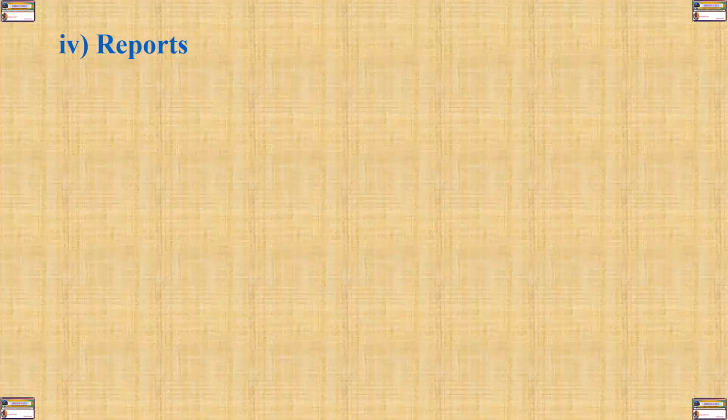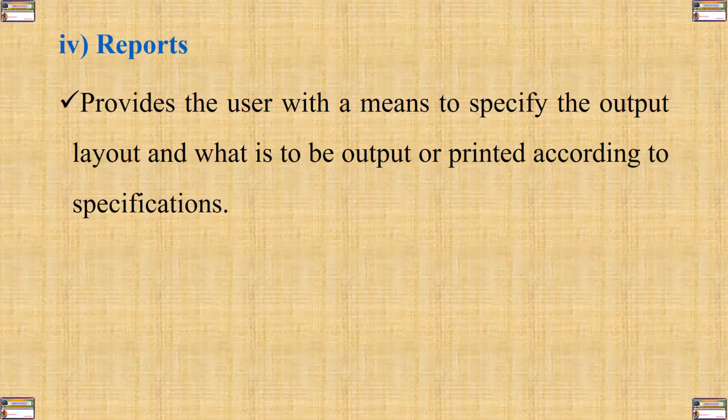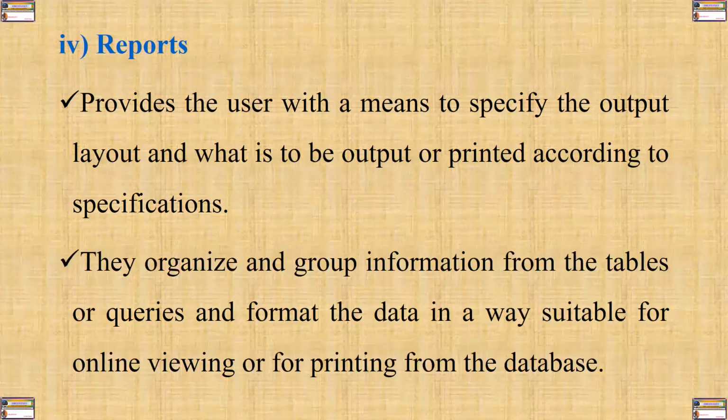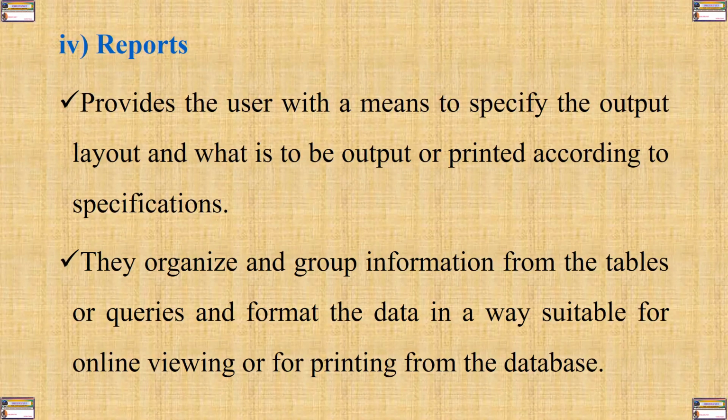The fourth type of object is the reports. Reports provide the user with a means to specify the output layout and what is to be output or printed according to specifications. They organize and group information from the tables or queries and format the data in a way suitable for online viewing or for printing from the database.